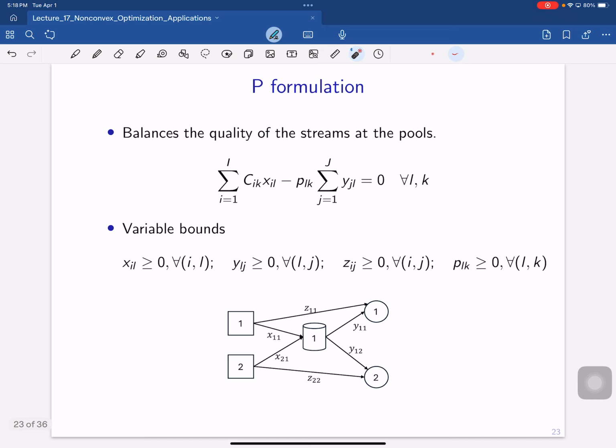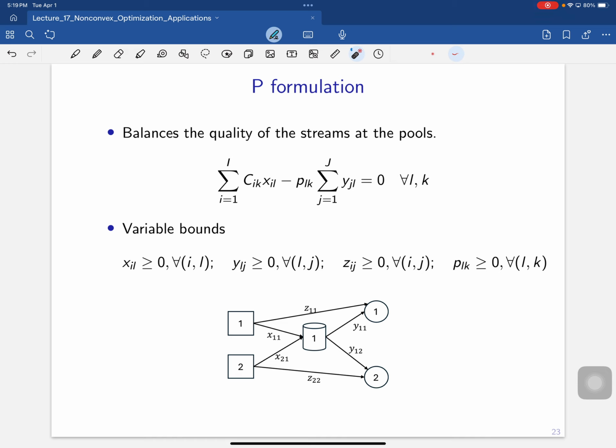So last but not least, we have the balance of quality constraint, right? So remember, p_lk is a variable we defined to specify the quality for the blending tank, right? So we are doing some sort of mixing at this blending tank, right? So the x are the flows into the blending tank, right? After you do the mix, the quality of this blending tank will be equal to the quality that goes into the blending tank, right?